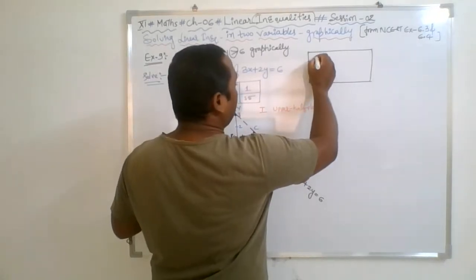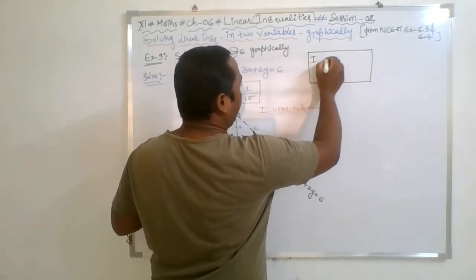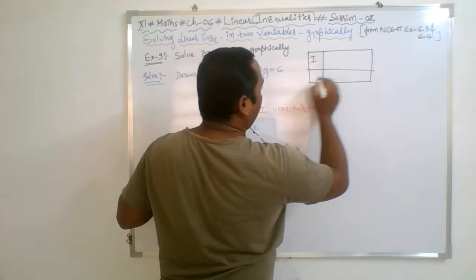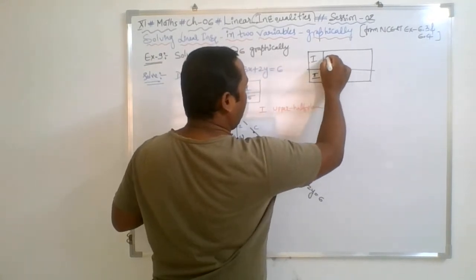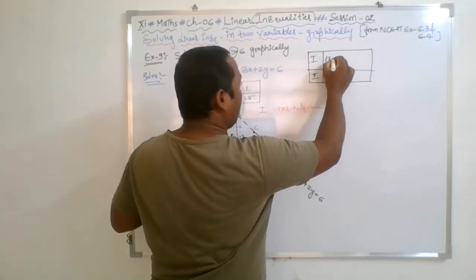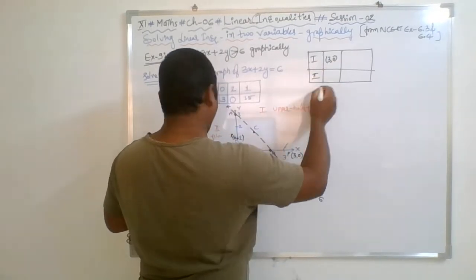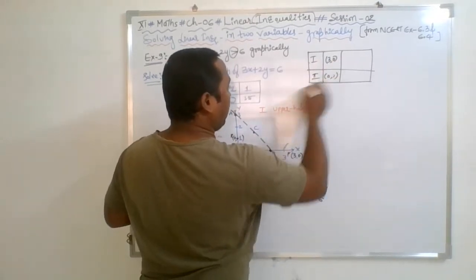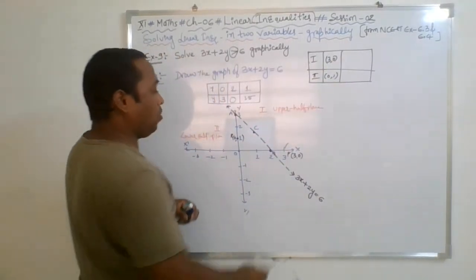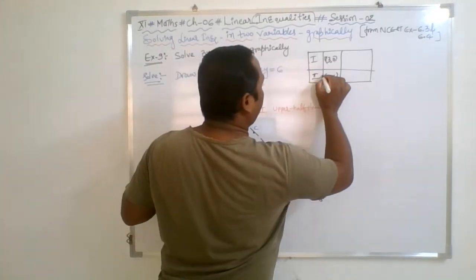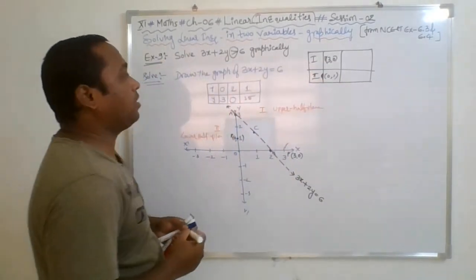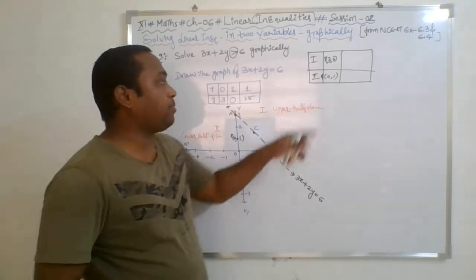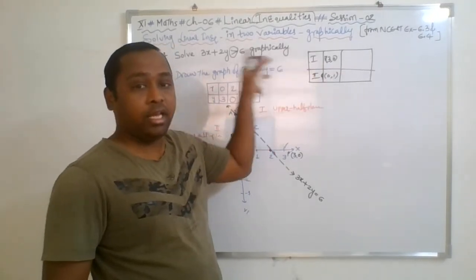So here, first half plane and second half plane. Point here 3 comma 0, point here 0 comma 1. I have also named these points to get proper knowledge about them. And then I will substitute these points in the inequality.